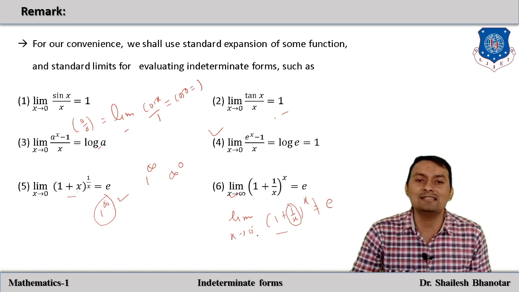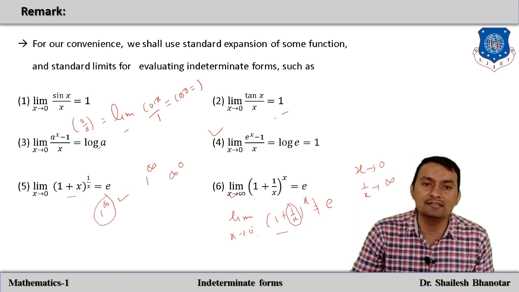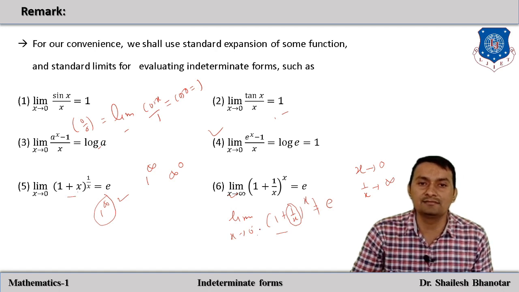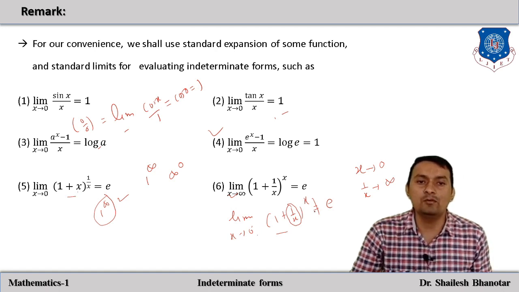But here x tends to 0, so 1 divided by x tends to infinity. It should be 1 divided by x tends to 0, but this is not the case. Therefore, this is not equal to e.